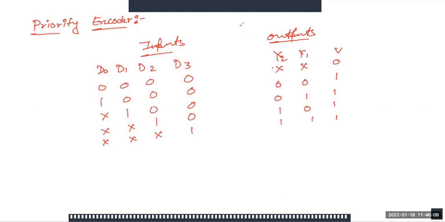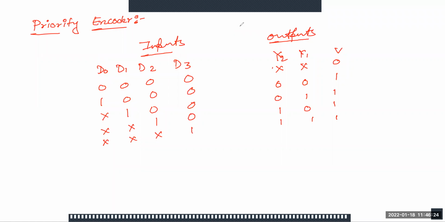Suppose there are four inputs, that is D0, D1, D2, and D3. Out of these, the input D3 has the highest priority.